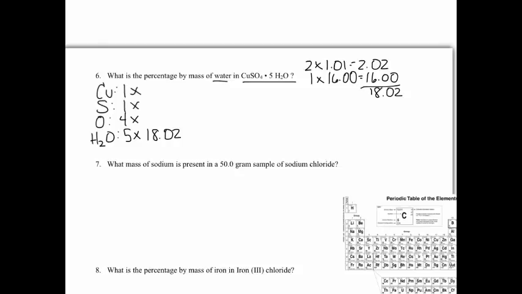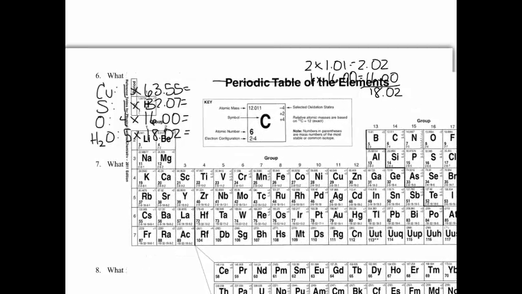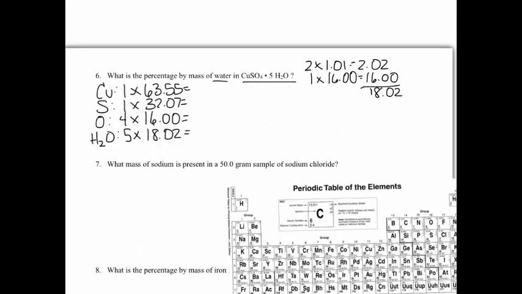So that is where that is coming from. Oxygen is 16. Sulfur is 32.07. And then copper is 63.55. There's no need for you to memorize any of these. They're all right here. So you can check me too, make sure I'm doing it right. There's the copper, here's the sulfur, here's oxygen, and hydrogen's kind of hidden right now.